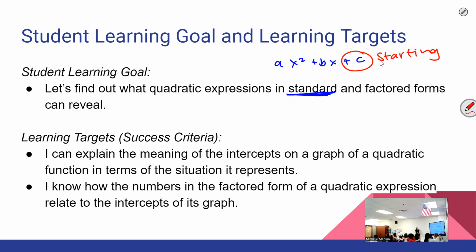All right, so your starting height is that single number. So in this case, in standard form, it'd be the C, the last one usually. And what's our starting height usually on a graph?